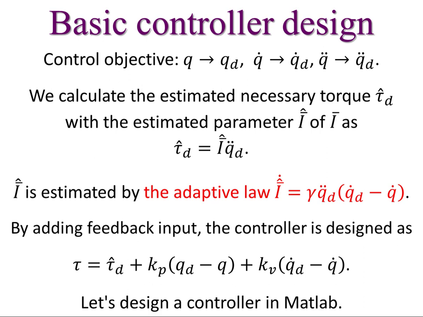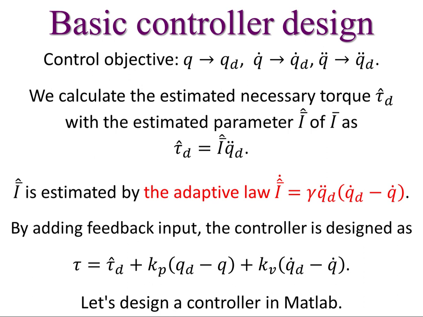Now, let's create a simulation on MATLAB to understand adaptive control through practice. For this simulation, we can reuse the simulation of the computed torque method for a single joint robot. We should replace the parameter I bar with the estimated one I bar hat and update I bar hat in real time by the adaptive law.